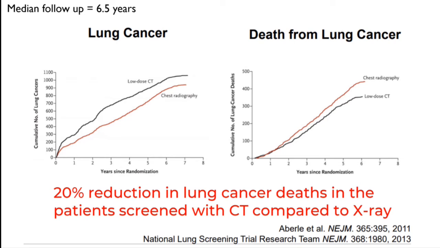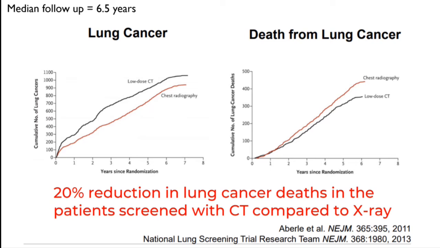And when you look at death from lung cancer, when we look at survival, patients who underwent screening with a CT scan had a better survival compared to patients who merely went through a chest X-ray. Ultimately, this translated into a 20% reduction in lung cancer death in the patients screened with CT compared to X-ray.